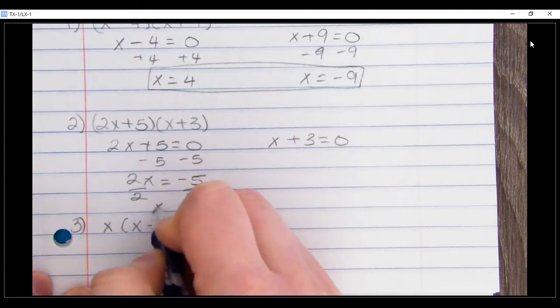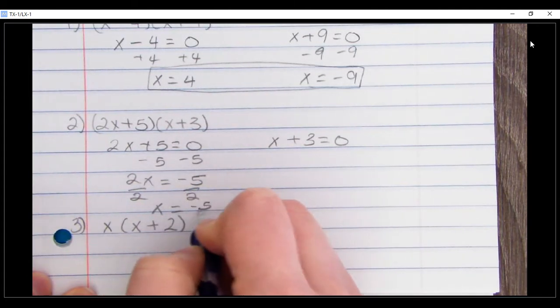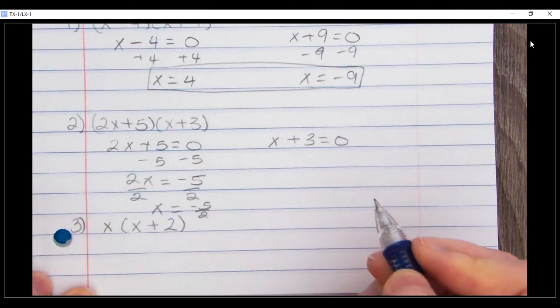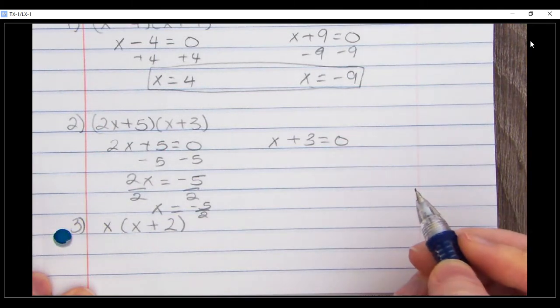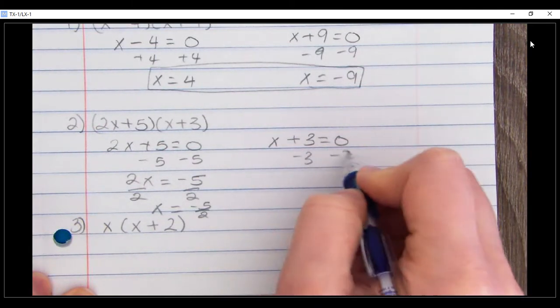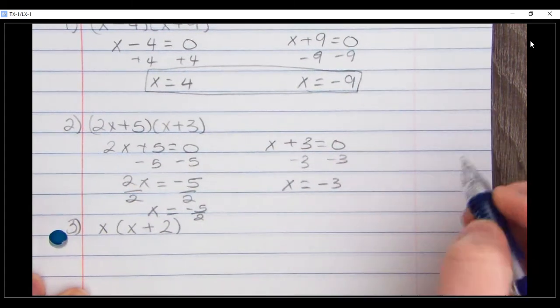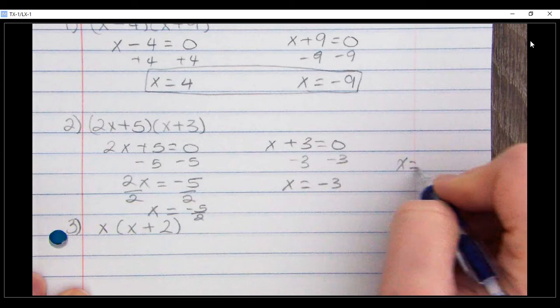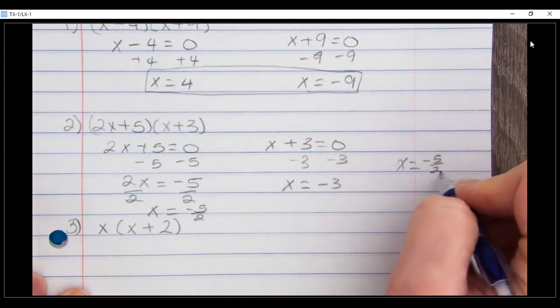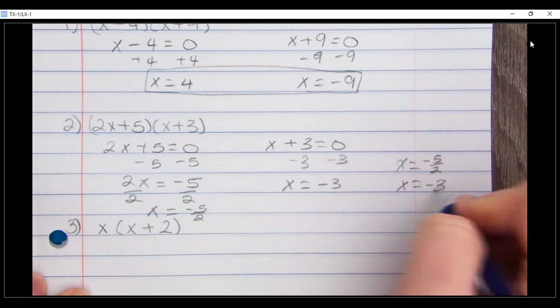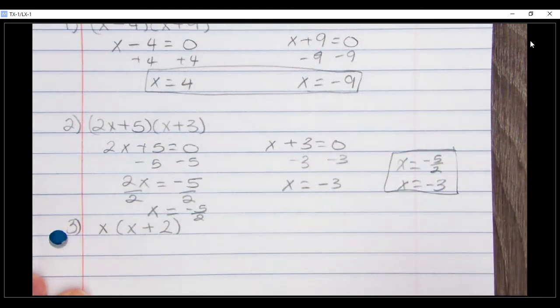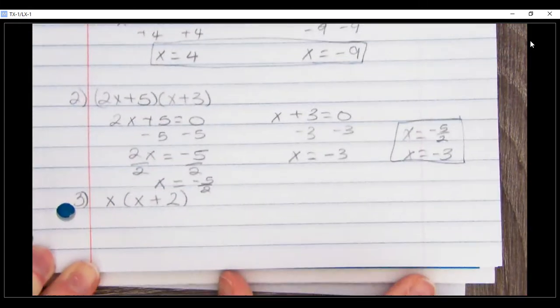And my first solution is negative 5 halves. Now, same thing over here. Subtracting 3 on both sides. And I have x equals negative 3. So my 2 solutions are x equals negative 5 halves and x equals negative 3. 2 solutions, 2 numbers. That's all I need for solutions.